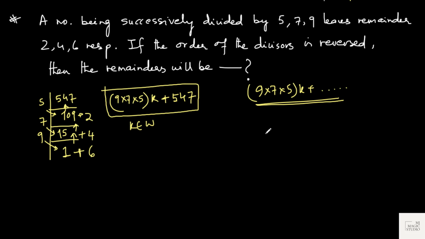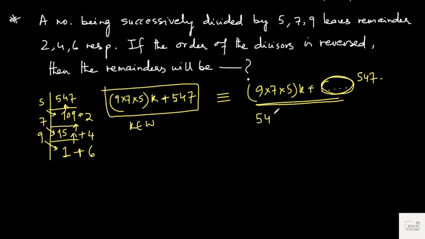Clear? Now, it is given that these two numbers are same. If these two numbers are same, and we can see that it is 9 into 7 into 5k, it is also 9 into 7 into 5k. That means this something is also 547.